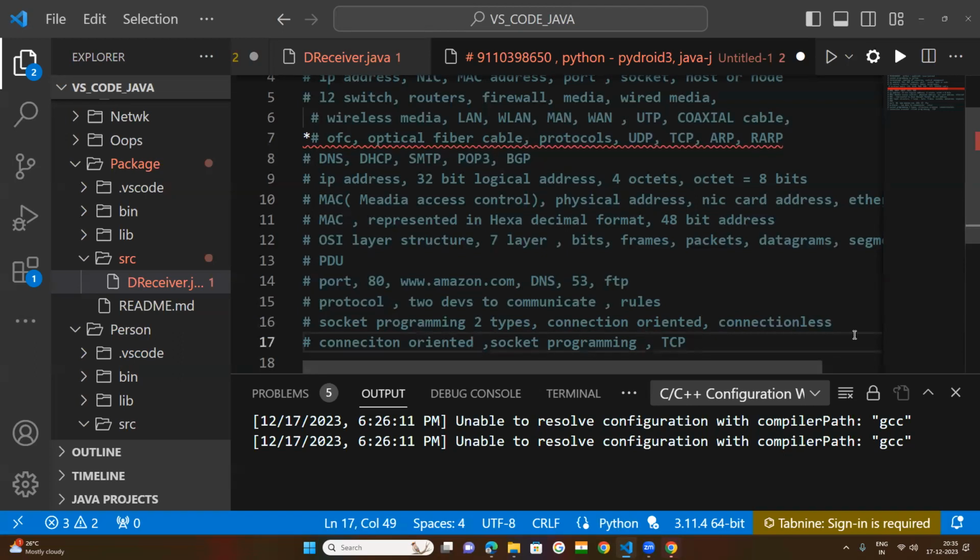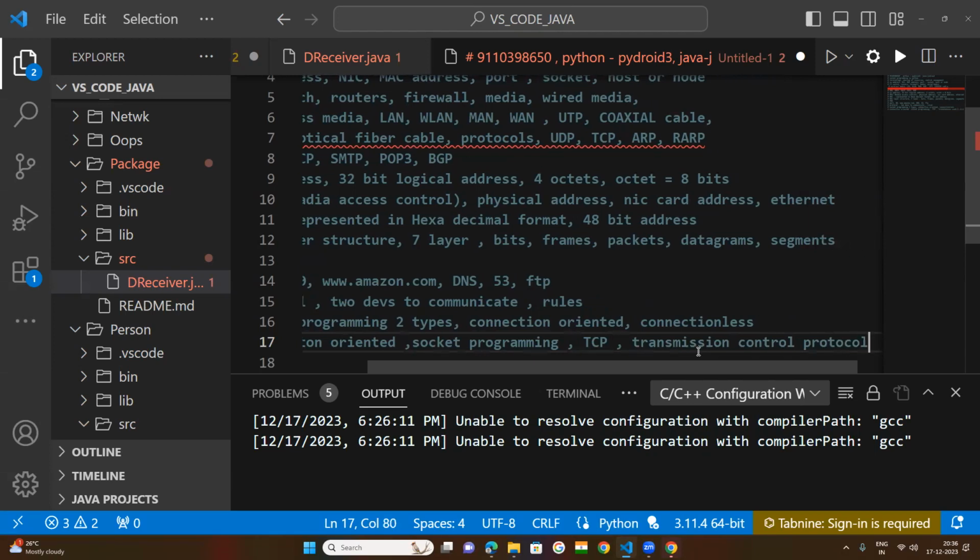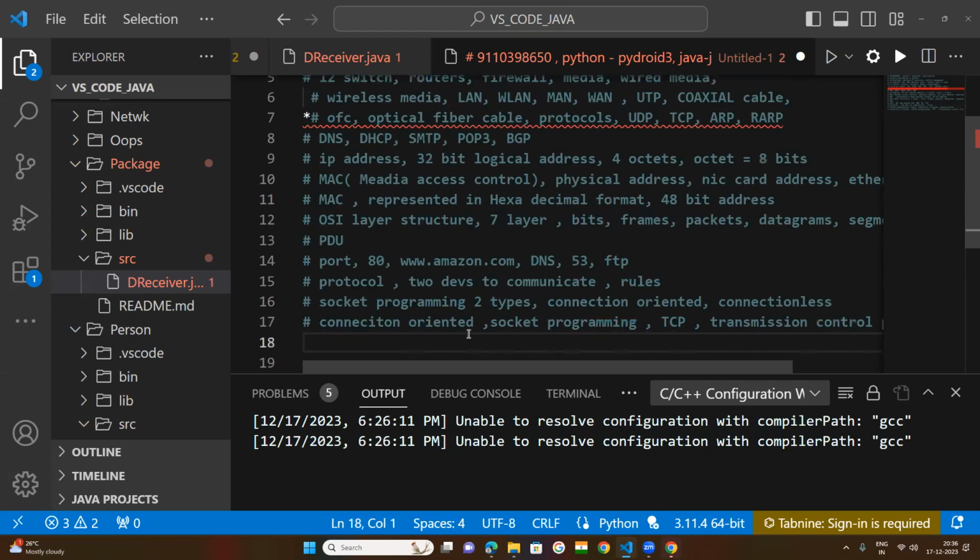What do you mean by TCP protocol? It stands for Transmission Control Protocol. First of all, try to understand what is connection oriented service in socket programming.